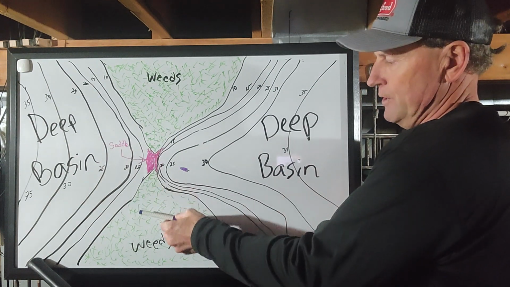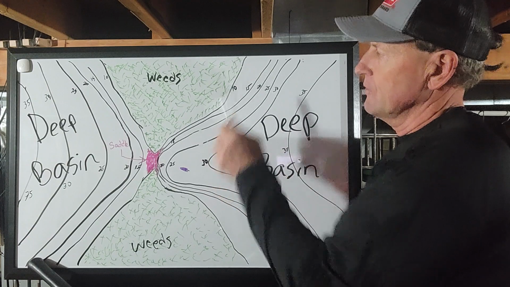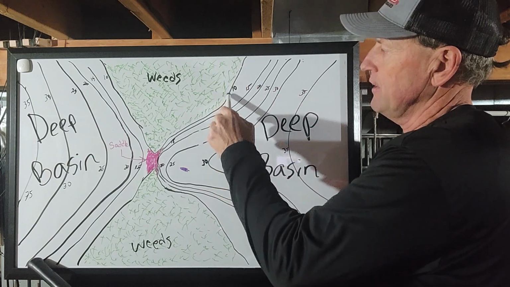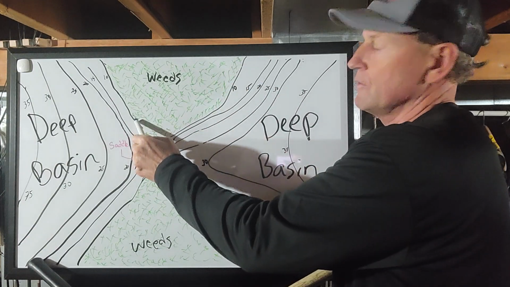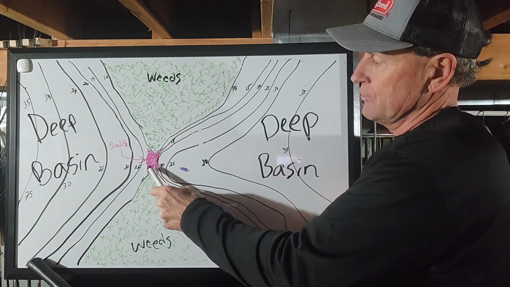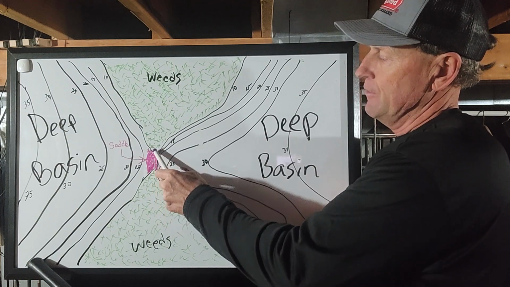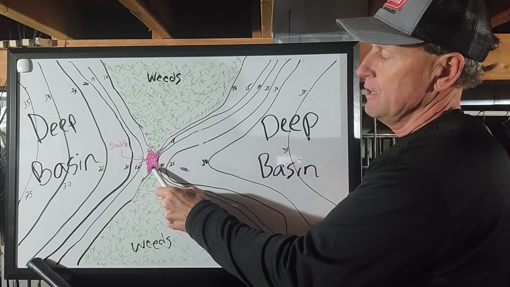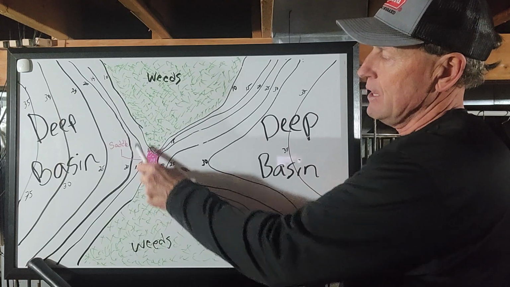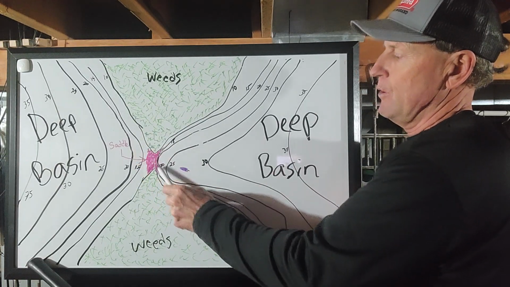Then here we got a deep weed flat, okay? Deep weed flat. Now in this case, I've got the weed line at 10 feet. So these weeds quit growing at 10 feet. Okay, so this area in the middle here, where the saddle is, that's deeper than 10, but it's going to be shallower than the 15, okay, which is the next contour out.